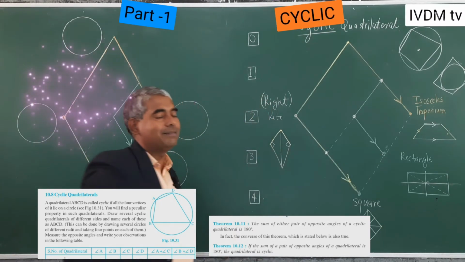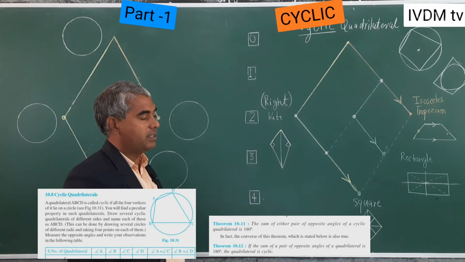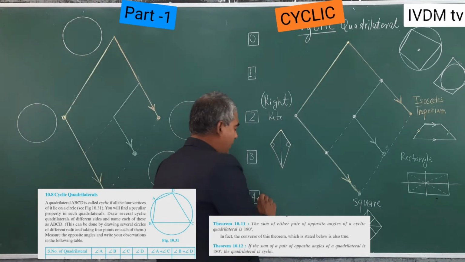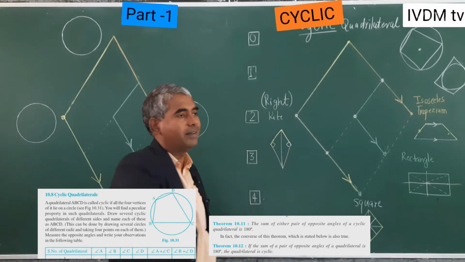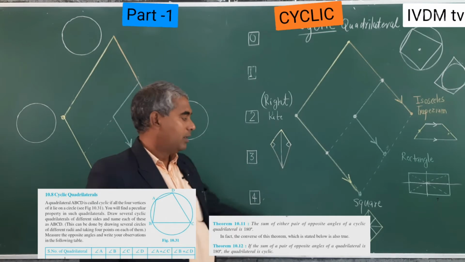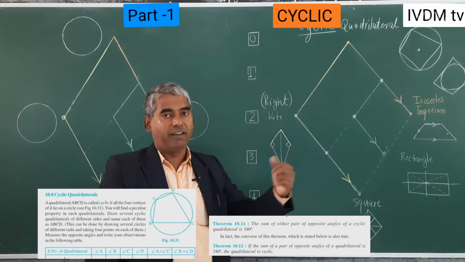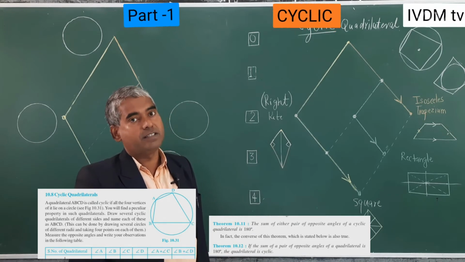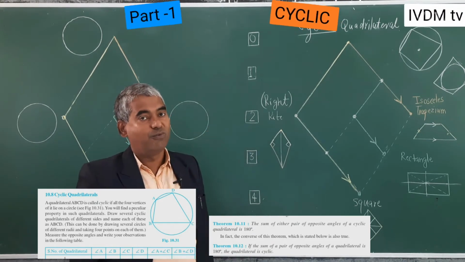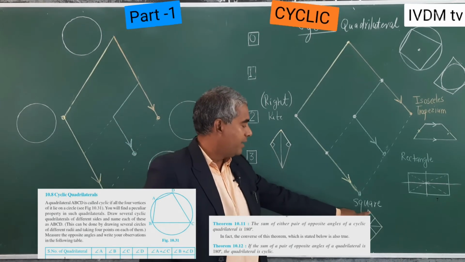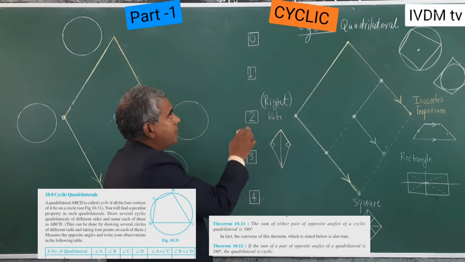The detail has been taught in your quadrilateral chapters, and the link is given in the description. And four means the square has four characteristics. In class 7th, it was taught that the square has four types of rotational symmetry, and axial symmetry was also four types. So this was the quadrilateral.